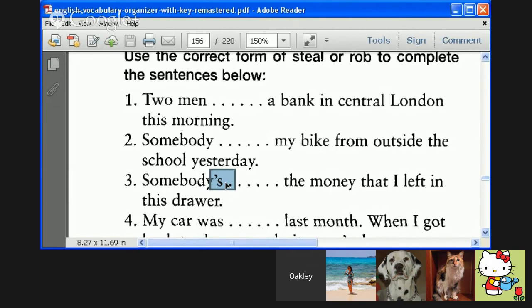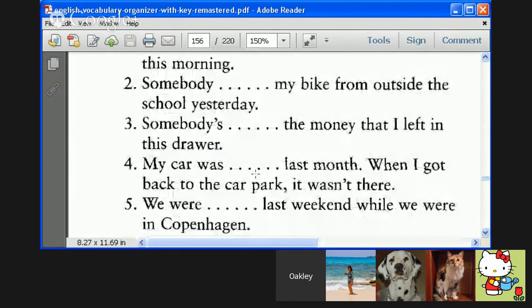You got it right the first time. The apostrophe s is a contraction of somebody has, so that means it has to be present perfect. Up to now, he doesn't know when the money was stolen, but sometime before right now, somebody has stolen the money. Stolen is, of course, the past participle. Steal, stole, stolen. That's it. Very good.